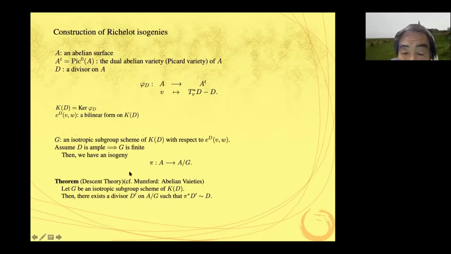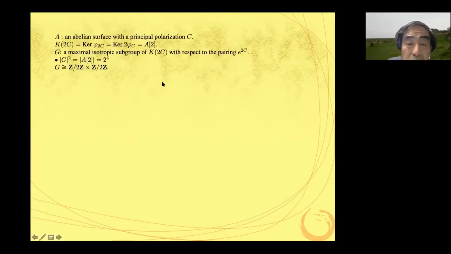If G is an isotropic subgroup, you can descend D from A to A over G. This is descent theory by Mumford. And we apply this theory to our case.